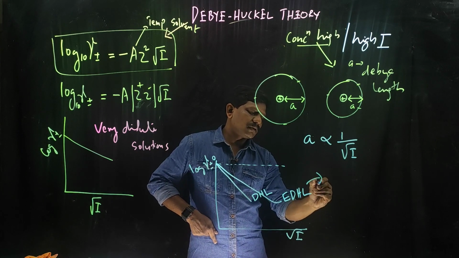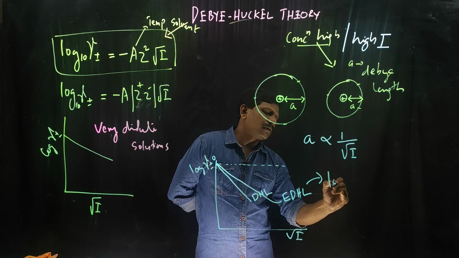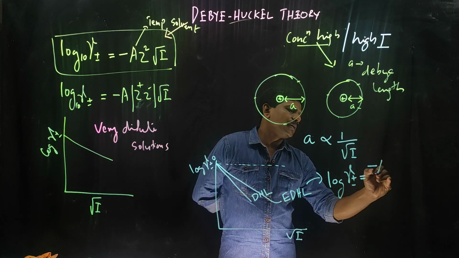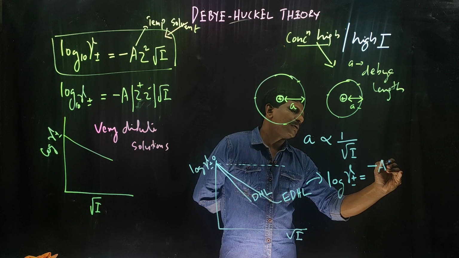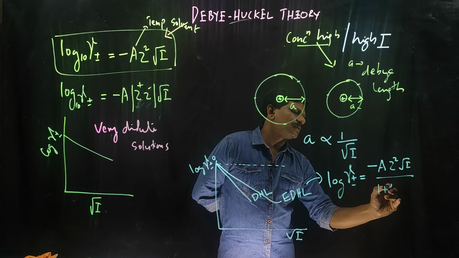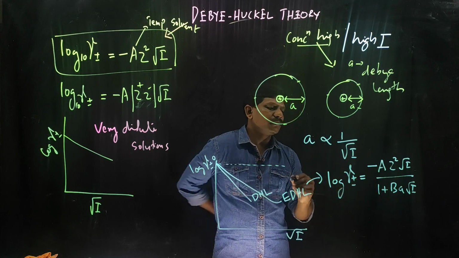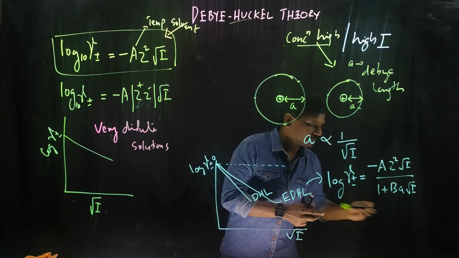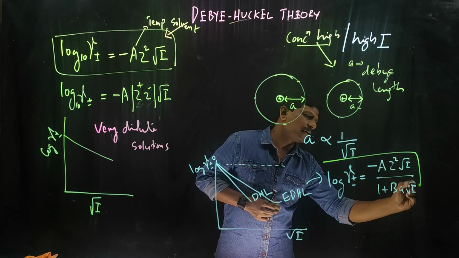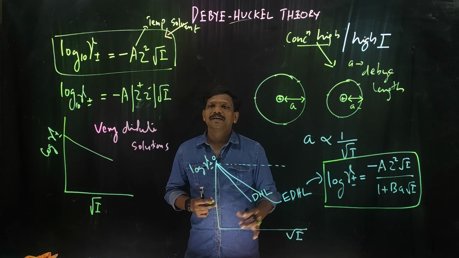So in the case of the extended Debye Huckel law, you can write this equation: log gamma plus minus is equal to minus A z square root I divided by 1 plus B a into root I. So at high concentration, you can explain the behavior of the curve like this.